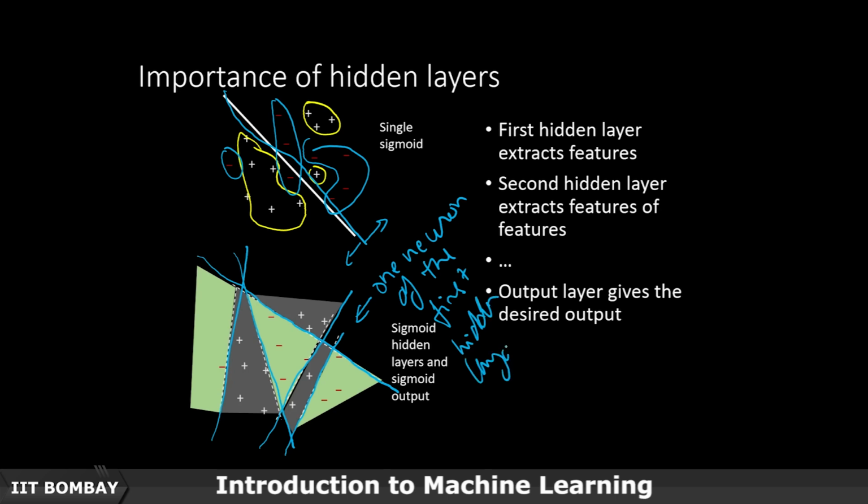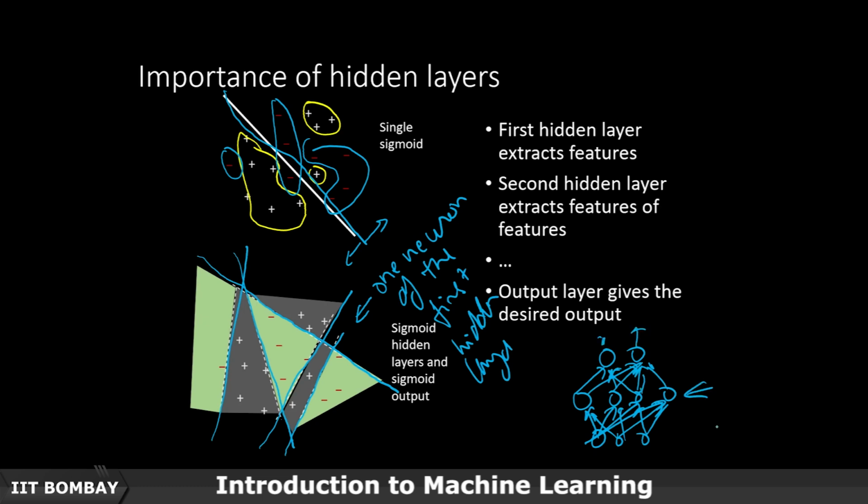So what's a hidden layer? If you have the inputs, you have hidden layers, and then you have the output layer. So this is your output layer, and this is your hidden layer.